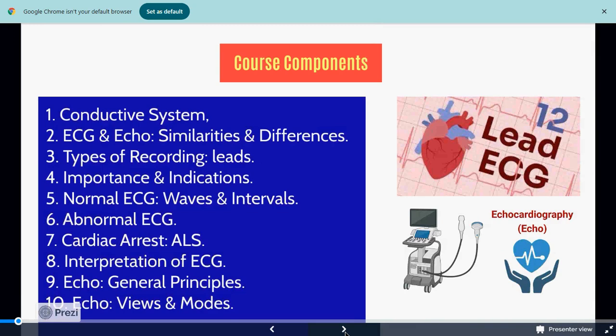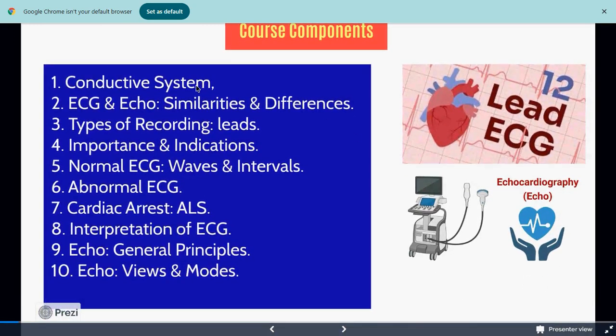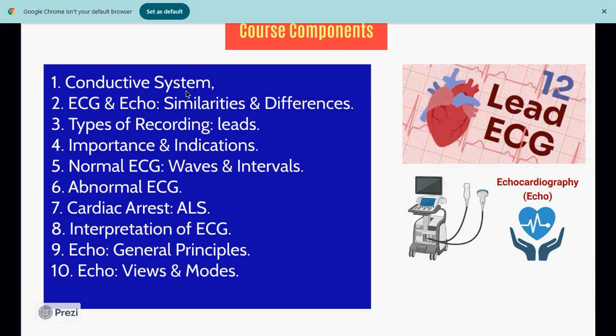The components of this lecture include the conductive system of the heart, which we covered in our previous lecture, but we will go across its different components very quickly. Then we will compare the ECG and echo.